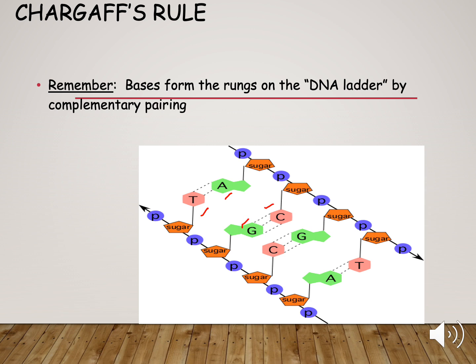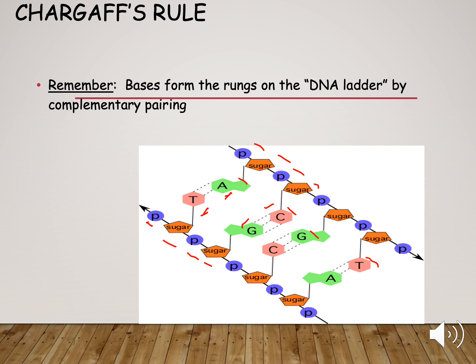Again, imagine your DNA structure as a ladder. On the side, you've got your phosphate sugar, and then your nitrogen base comes off of that sugar, and they're going to bond, again, adenine with thymine. Don't try to memorize that you have adenine followed by cytosine, followed by guanine, followed by thymine.